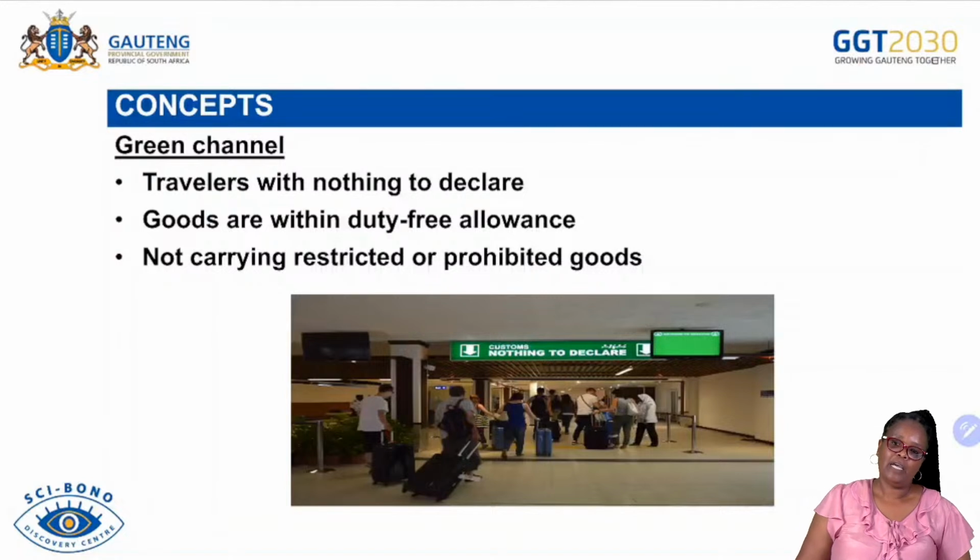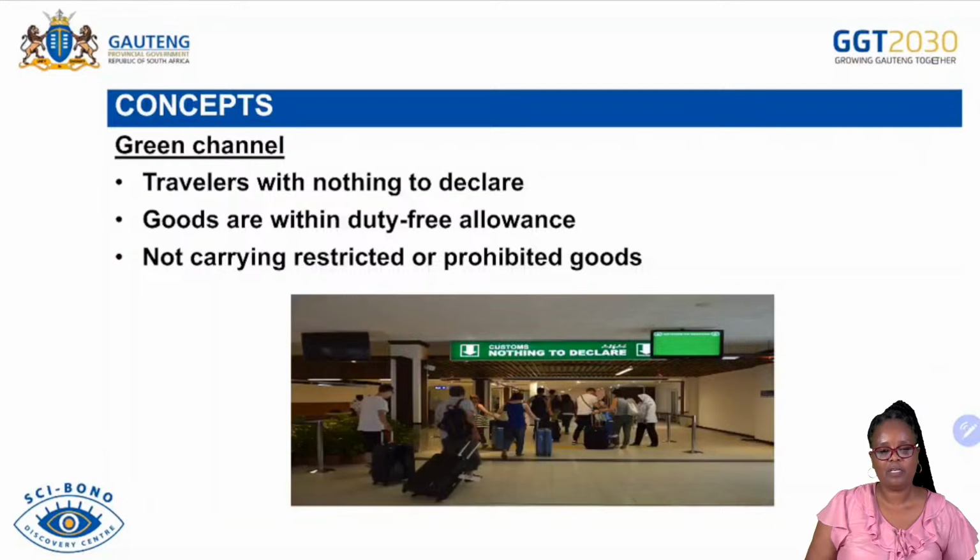I want us to look at this one, the green channel. Let's look at the picture. It's green. Green channel. It's written there, nothing to declare. Travelers who go through this channel have nothing to declare.